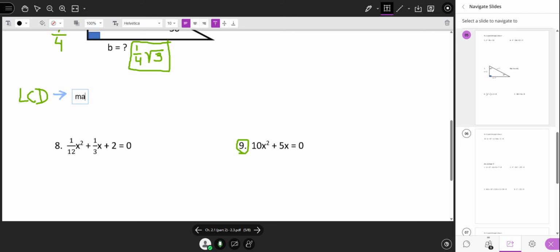Hit math, arrow to numbers, and then arrow up to LCM.